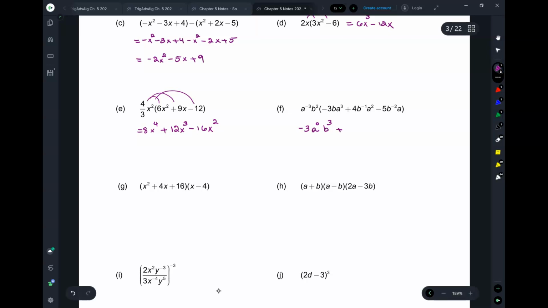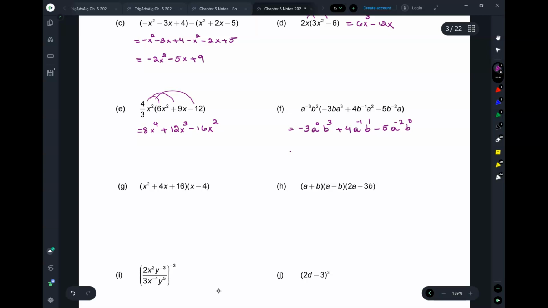So plus 4. Okay, a to the -3 plus 2 is -1. B to the 2 plus minus 1 is 1. Okay? Minus 5. A to the what? And B to the 0.